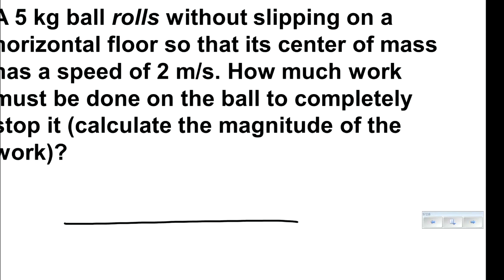And if we want to stop it, we have to apply a force to it. For example, like this. Here, the friction between my hand and this ball applies a force which stops it from moving.